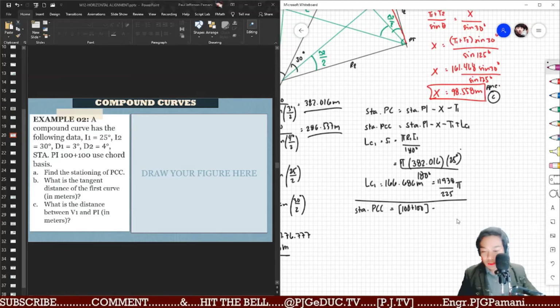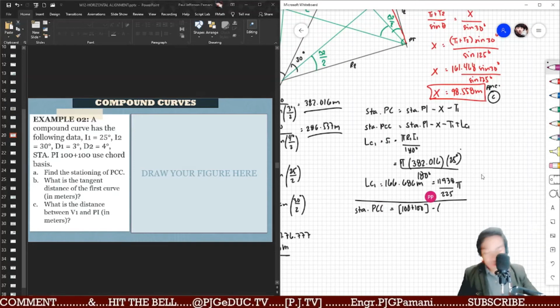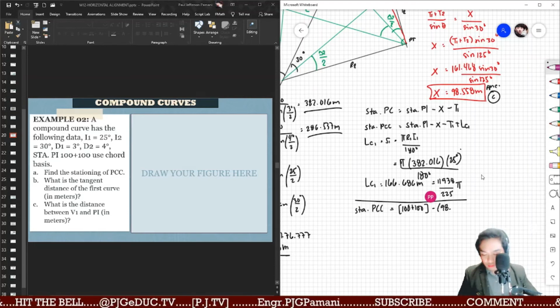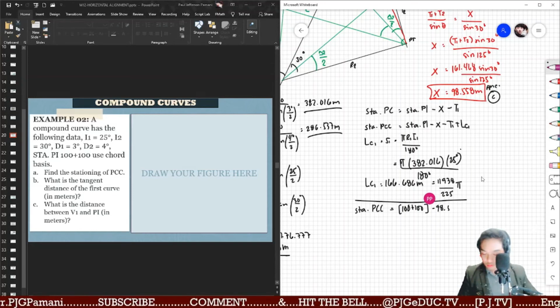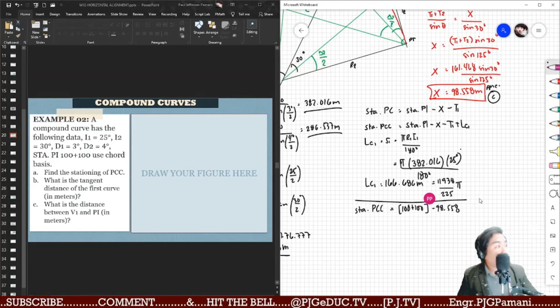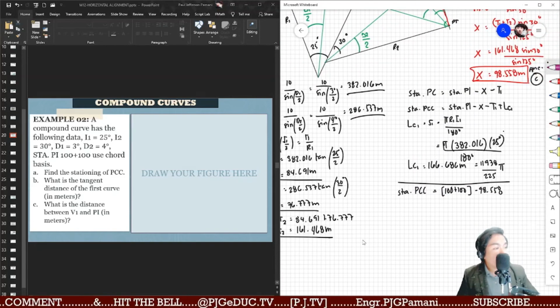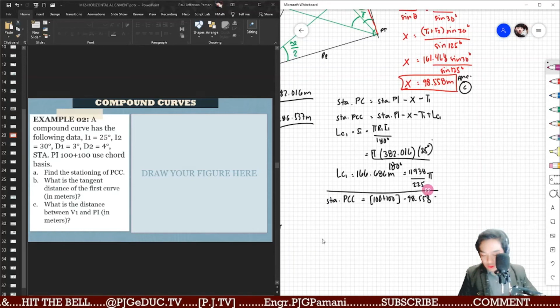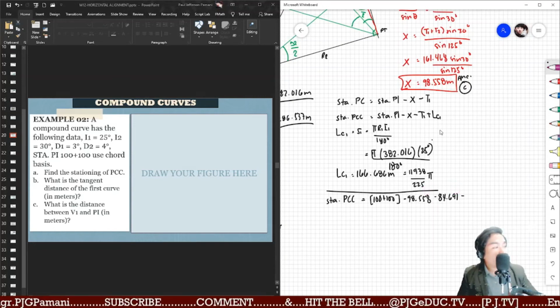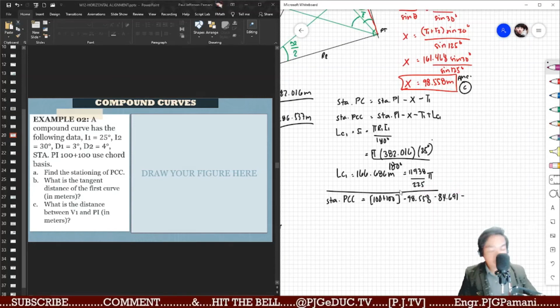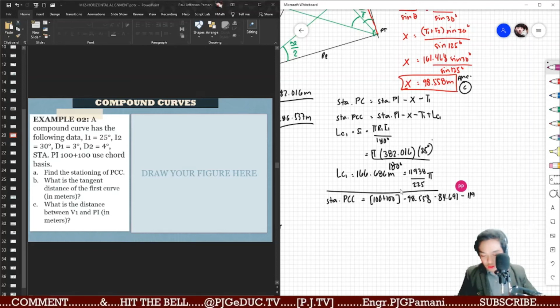Then minus T1, that is 84.691, plus LC1, which is 11938.225 pi.